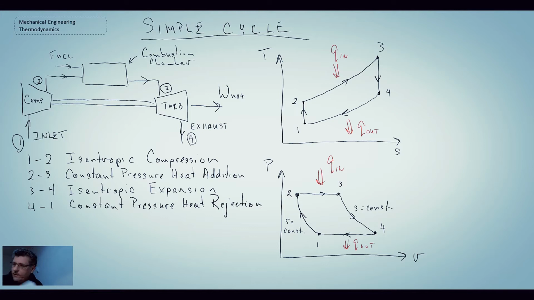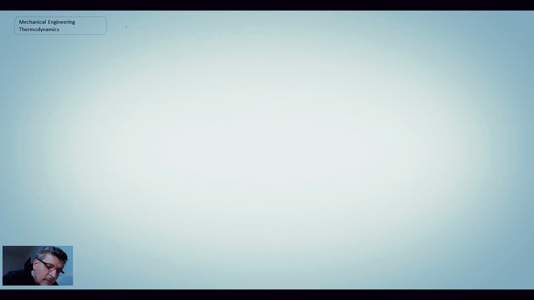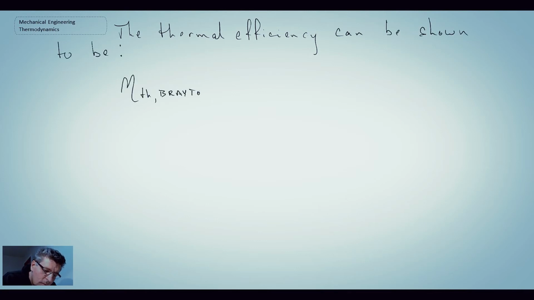Now, just like we did with the Otto and the diesel and the Stirling, let's take a look at the thermal efficiency of this cycle. Okay, so that is the thermal efficiency. Now we have a new term in this equation, and that is r_p. And little r subscript p refers to the pressure ratio in our compression stage.